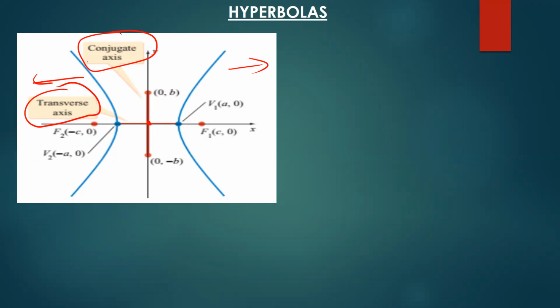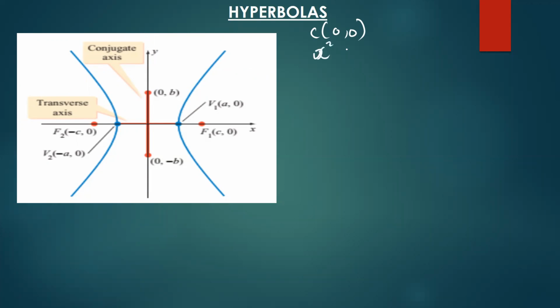Yeah, so if you remember very well, when we discussed the ellipse, the general formula of the ellipse with the center 0, 0 was x squared over a squared plus y squared over b squared is equal to 1.